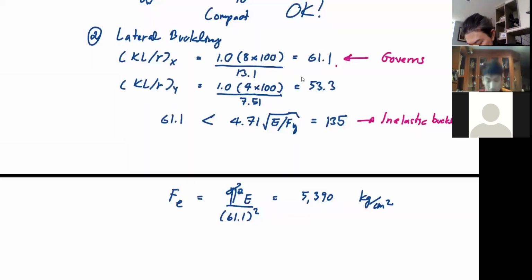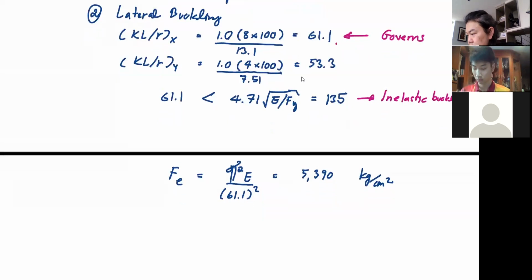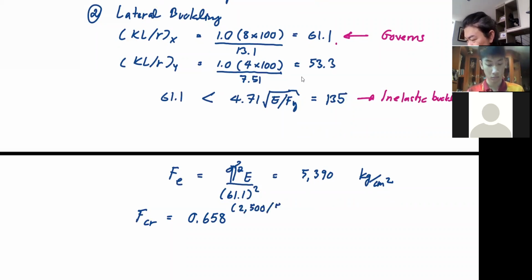Okay, so we can come back now and complete our calculation. Here we are, critical buckling stress. Because it is inelastic, we're going to use this formula: 0.658 to the power of Fy over Fe, and then this number we multiply with Fy.